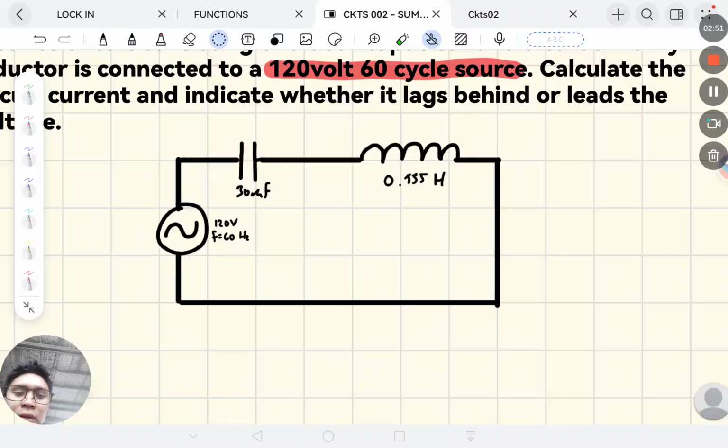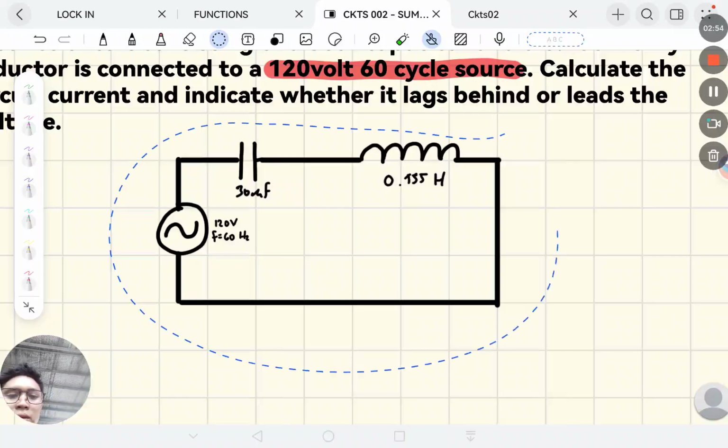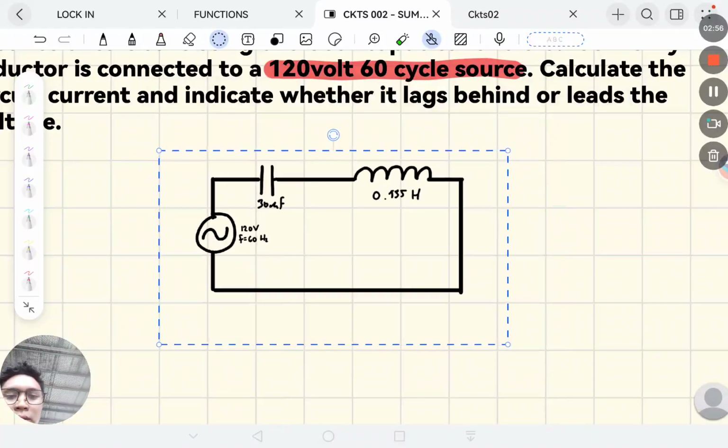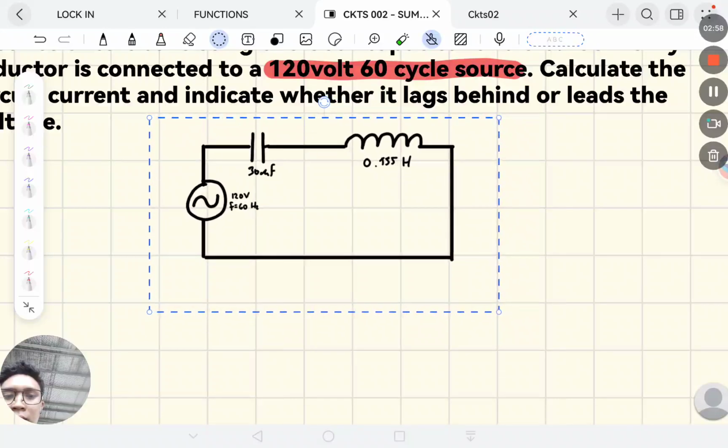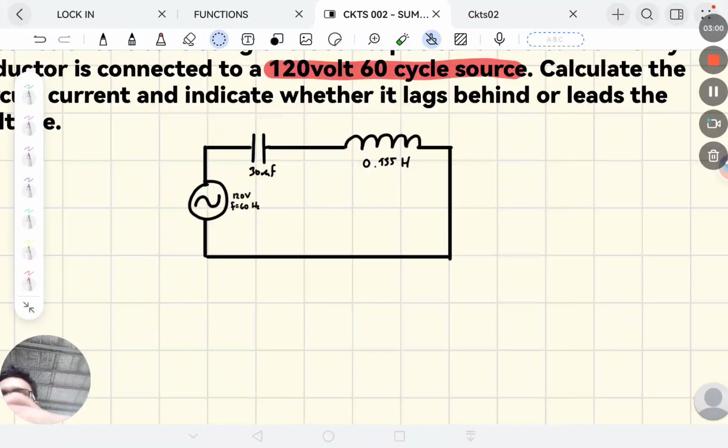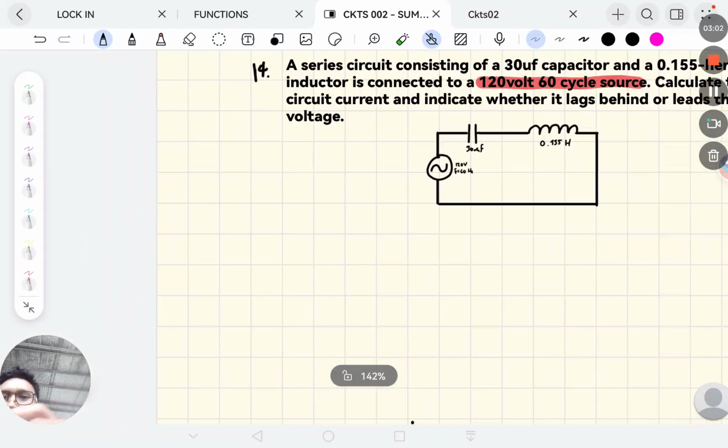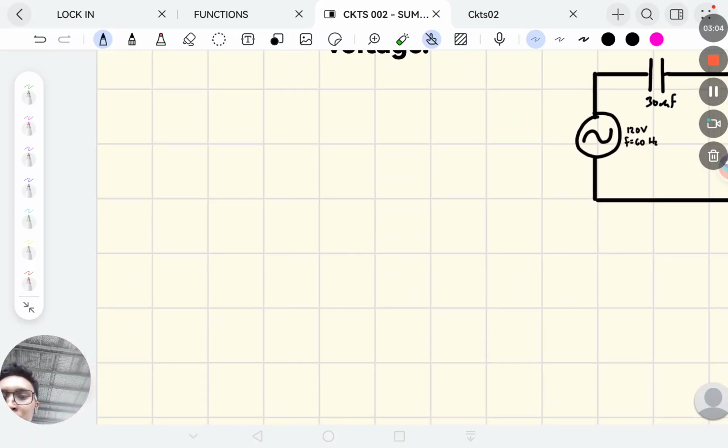So, drawing natin yung circuit. Ako personally, the next step is we have to identify what type of circuit ang ginagawa natin.